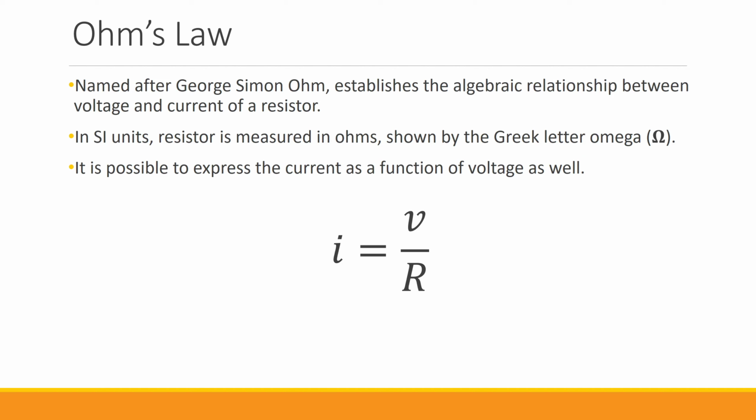As I said, that is what is known as Ohm's law, which is named after George Simon Ohm, who established the algebraic relationship between the voltage and current of a resistor. In SI units, resistance is measured in ohms, which is shown by the Greek letter omega.